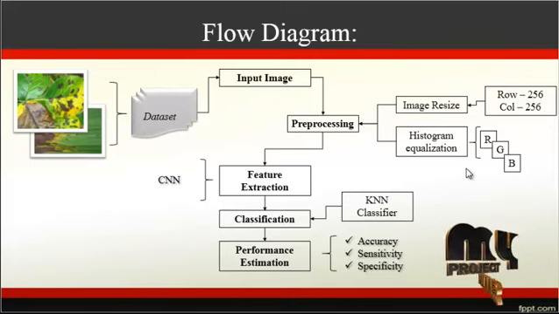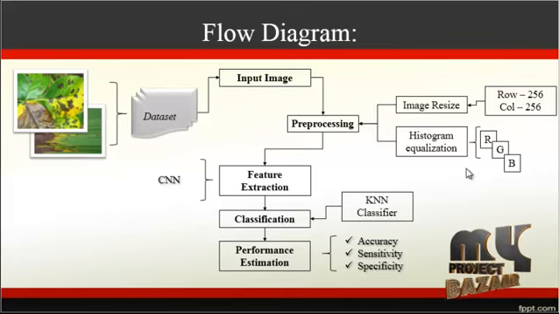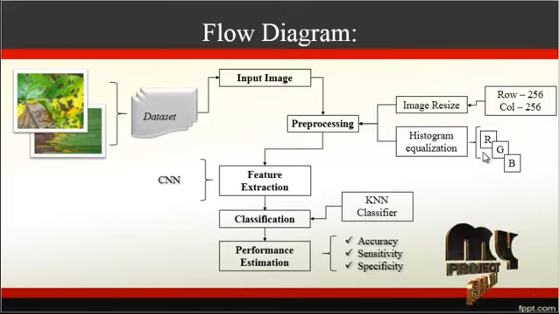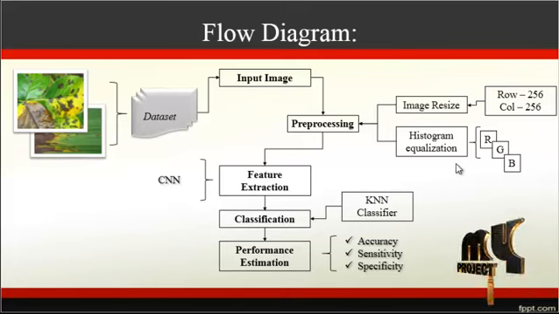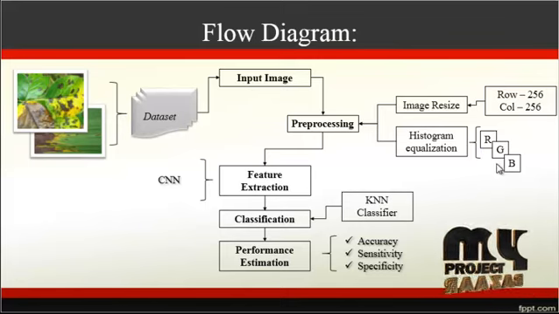In this histogram equalization, the image is converted into subbands like R, G, B. R represents the red channel, G represents the green channel, and B represents the blue channel. After converting to the red, green, blue channels, the histogram equalization will be carried out for each and every channel.